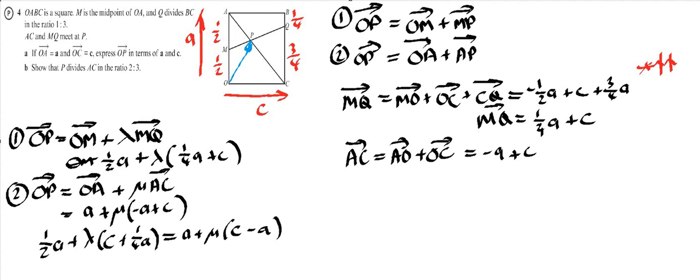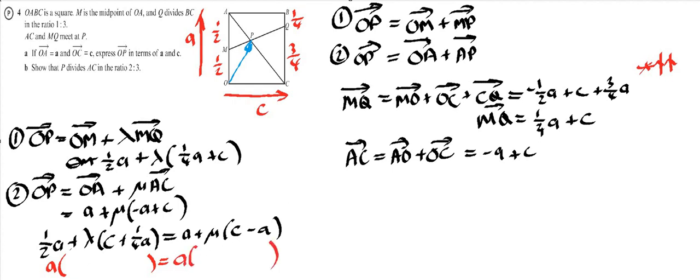Now, like we said in class, this is like partial fractions. I'm going to equate my coefficients. Imagine if I factor out A, I will have A times something equals A times something.